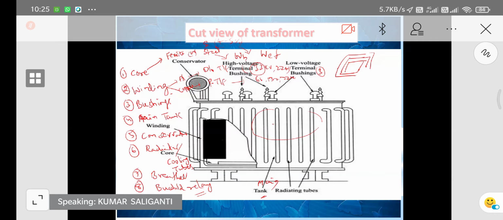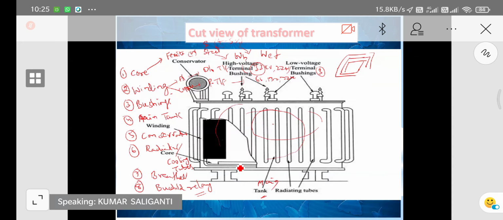So the conservator tank is used to expand the oil, to allow for the oil level expansion. Most of the oil will be in the main tank itself. Whenever the transformer is under full load conditions, the transformer winding gets heated, and thereby the oil gets heated.